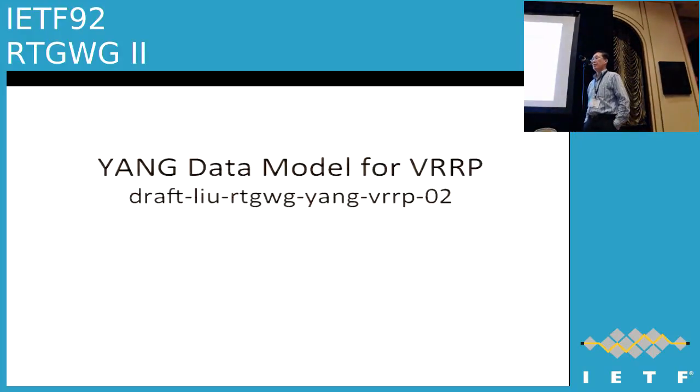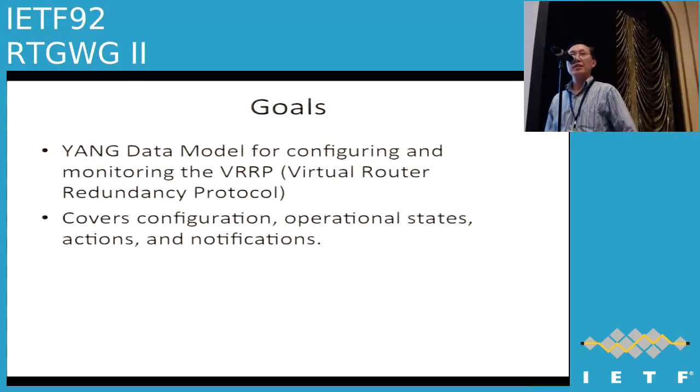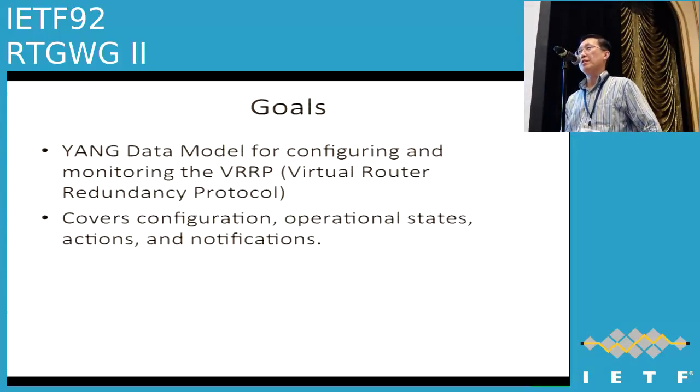VRRP is a simple, useful protocol which provides higher availability for IP addresses.